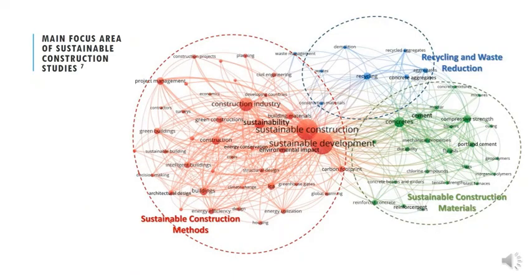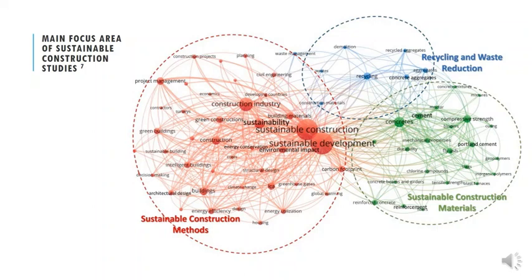This diagram shows an example of VOSviewer output. It shows a network map of the main focus area of sustainable construction studies. The bubbles represent terms commonly found in sustainable construction studies. In VOSviewer, items mean the objects of interest.